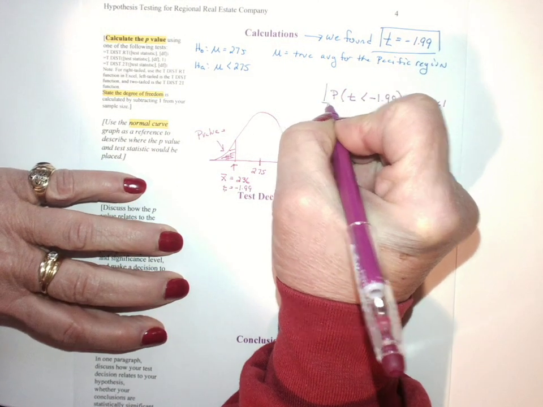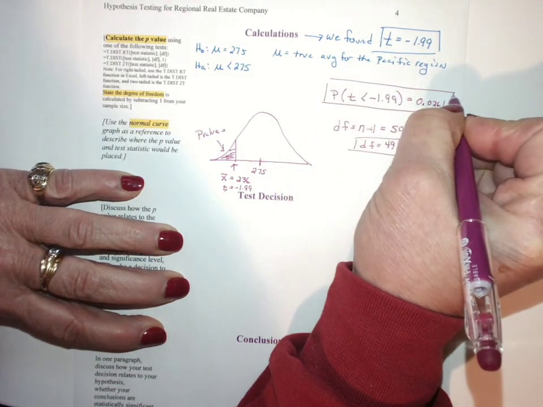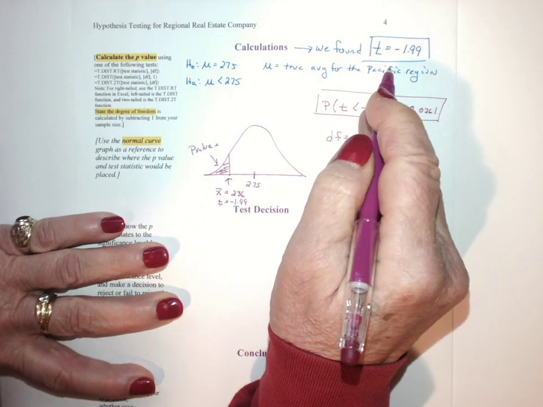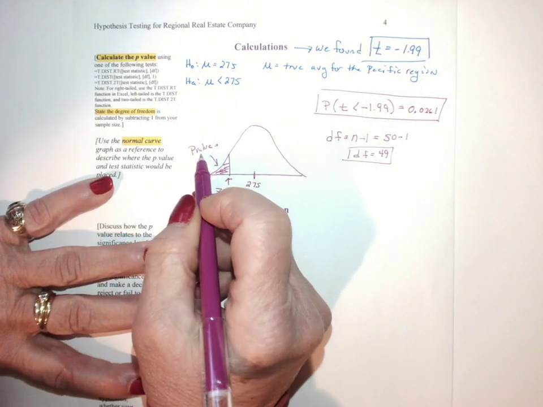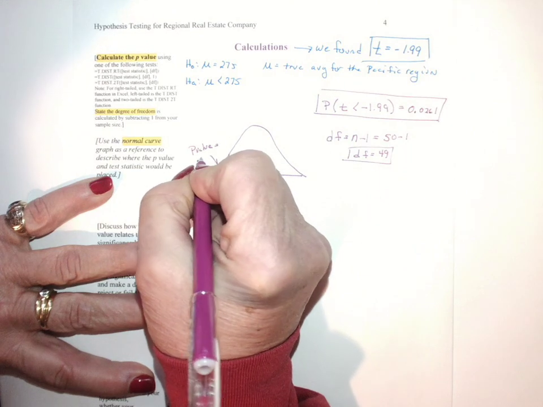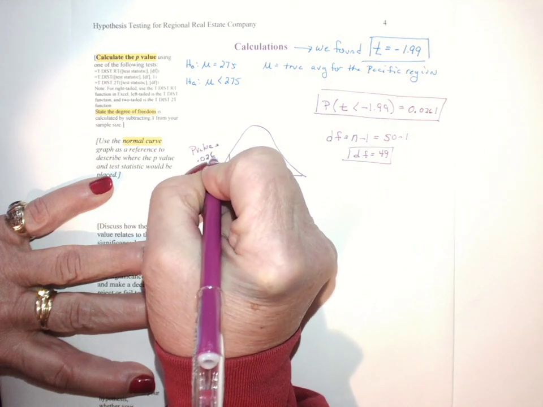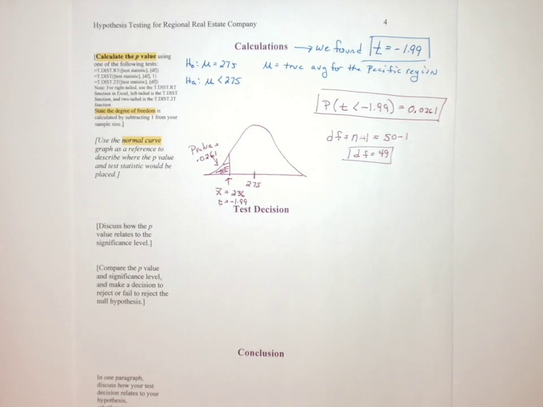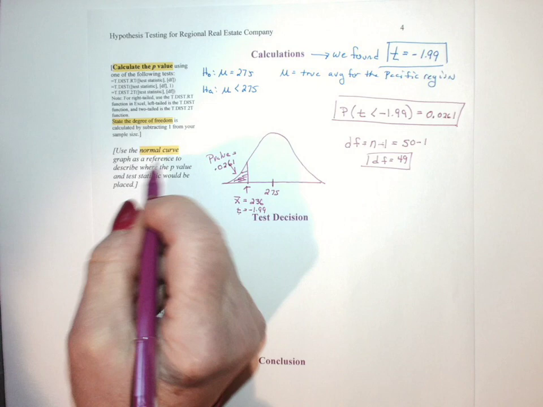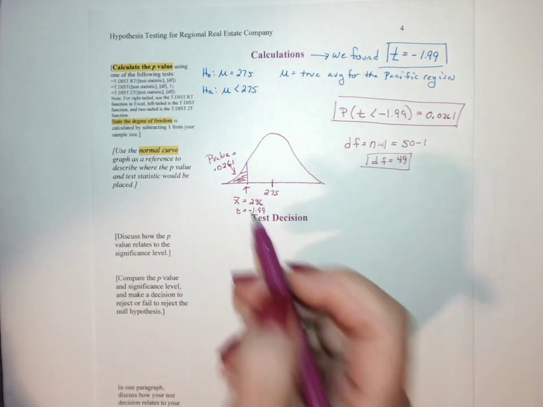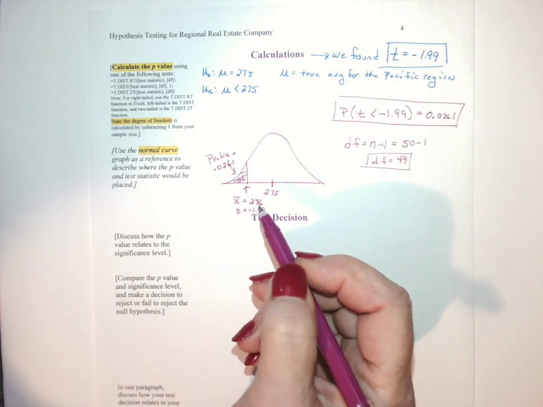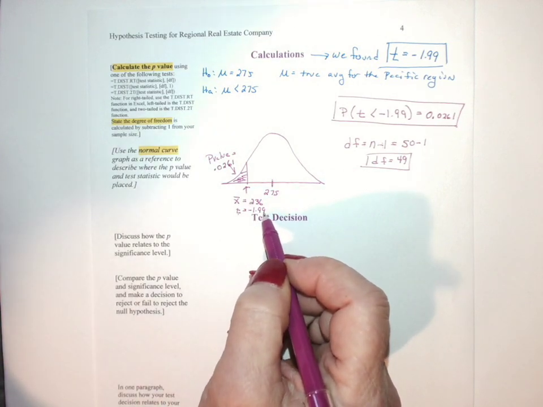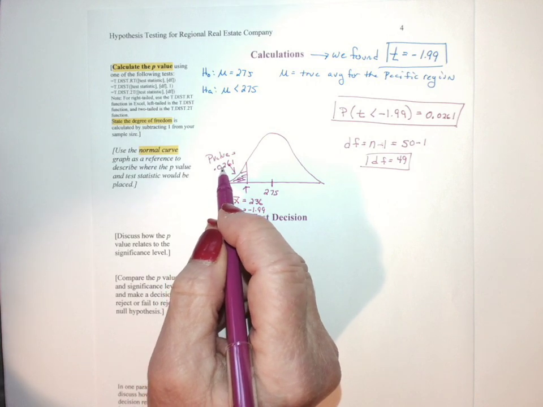So you should write this probability statement, and that number is based on your t-value. And then your p-value over here is 0.0261. So you want to talk about, in this section, when it talks about the normal curve, that you have a t-statistic that's negative 1.99 and a p-value of 0.021.